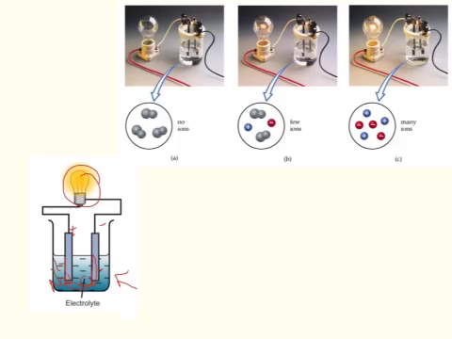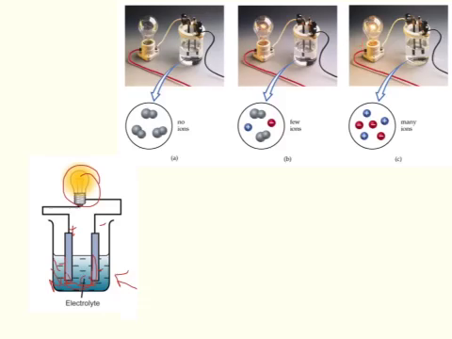Now, if I put something into the water that's going to produce a few ions, a weak electrolyte, I will get a little bit of electricity running through there, and you can see that's at least lighting up a little bit. Now, if I put a good, strong electrolyte in there, like sodium chloride, it's going to form a lot of ions. And so if it forms a lot of ions, we're going to be able to transfer a lot more energy, and we're going to get a nice, bright light bulb.